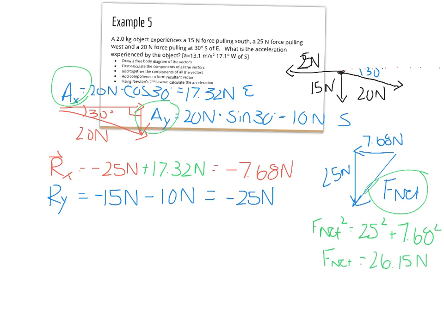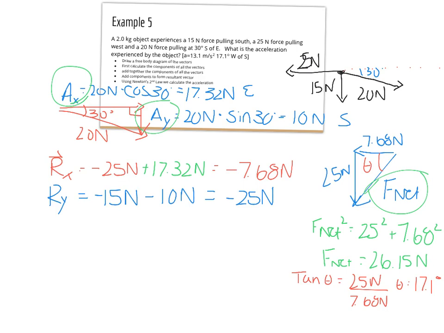We can solve for our angle here too. Our angle theta: tan of theta equals opposite, so 25 newtons over 7.68 newtons. Theta equals 17.1 degrees. Okay, so we've got our net force.